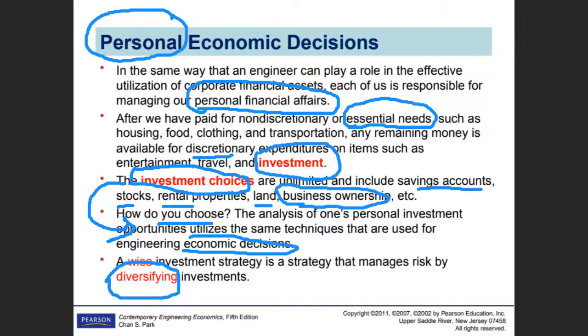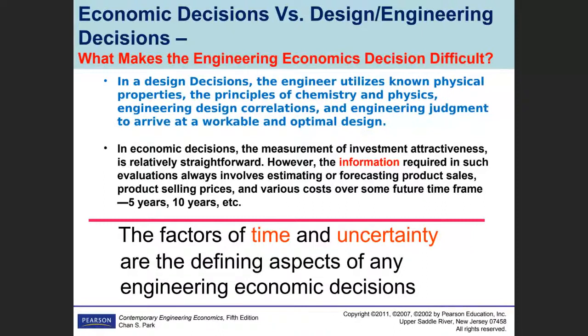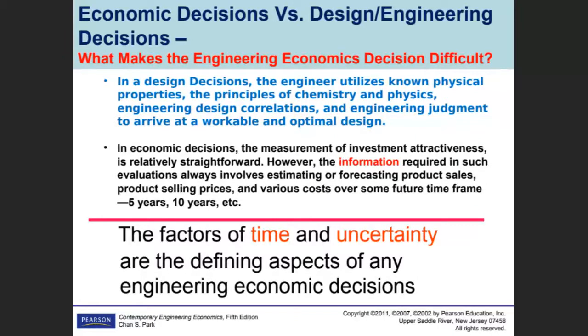So the same concepts apply in engineering economics as well. What decisions do you make? You make engineering decisions. What do we mean by engineering decisions? For example, what should be the design of a product?